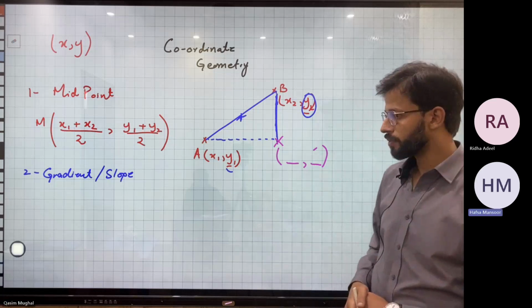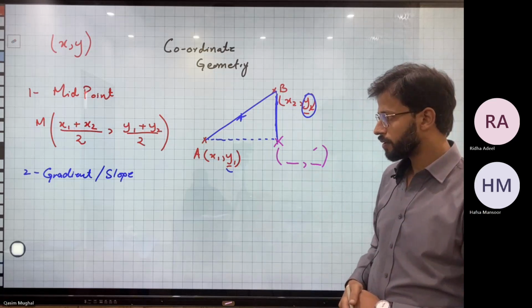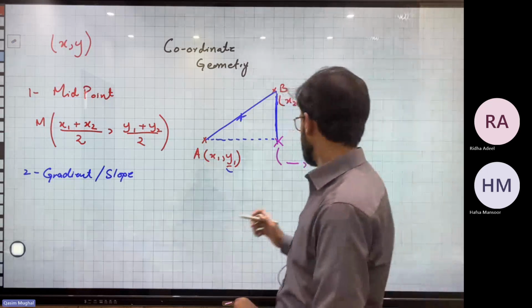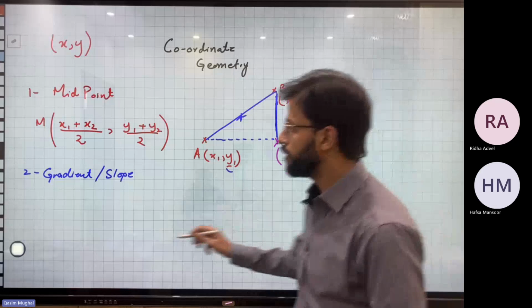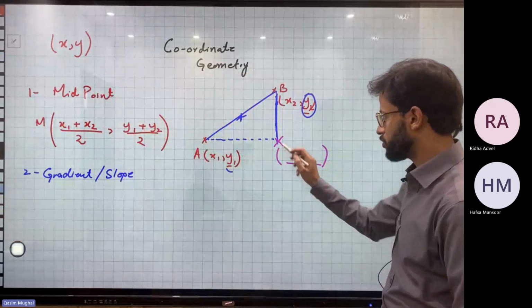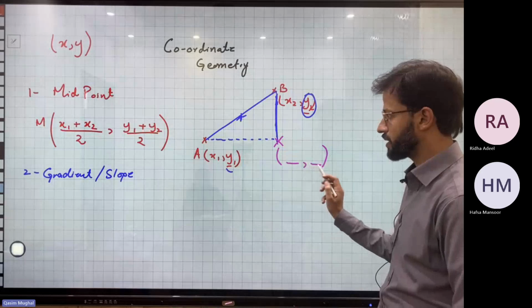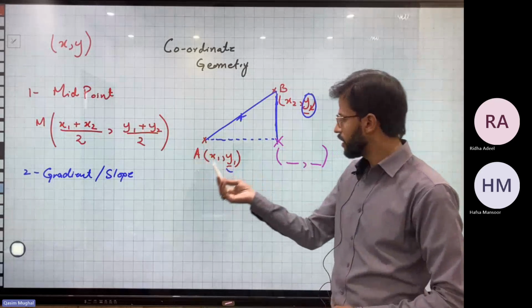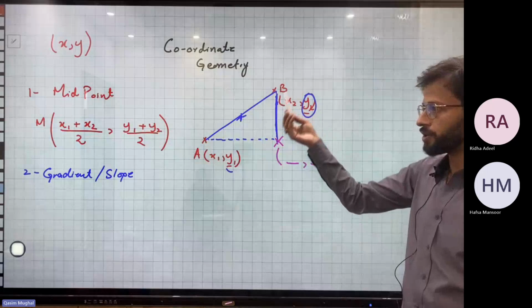Rida, what was the question, sir? Can you please repeat? Okay, my question is, what will be the address of this point? Like address as in the x and y coordinate of this particular point. I have given you the x and y coordinates of A, and the x and y coordinates of the point P.